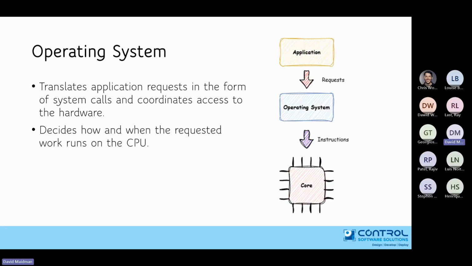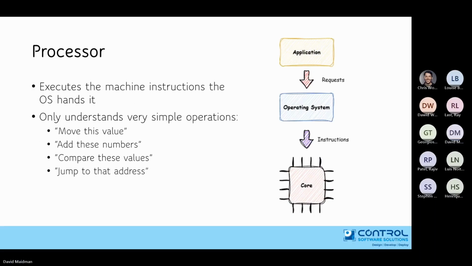The operating system takes those requests and works out how to turn those into instructions that the hardware can actually deal with. Because the hardware doesn't actually do anything complicated. It can just execute machine instructions that it gets from the operating system, and they're very, very simple things like move this value, add these numbers, and so on.